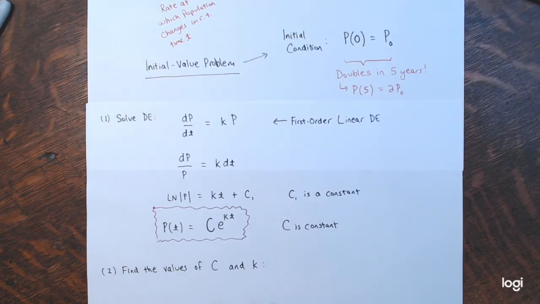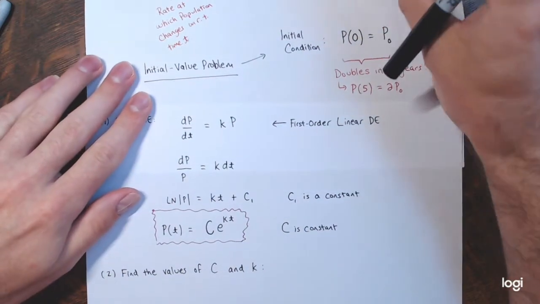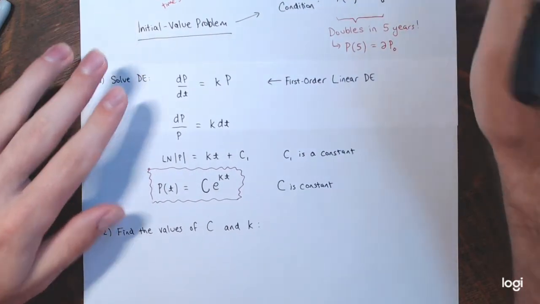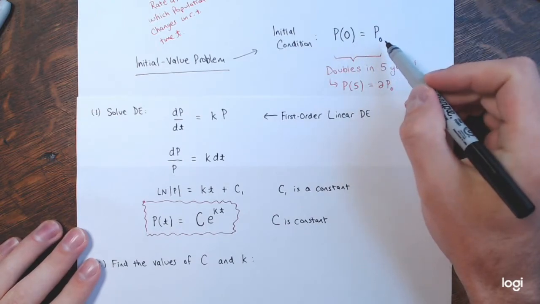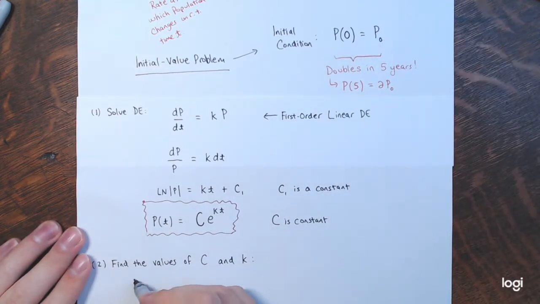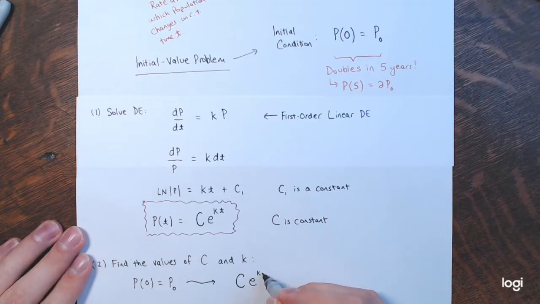Well, the c is simple enough. I can use my initial condition. Remember that p of 0 is this p sub 0 number. So I go to my equation here and replace t with 0. P of 0 would be c times e to the k times 0, and this must be equal to p sub 0.